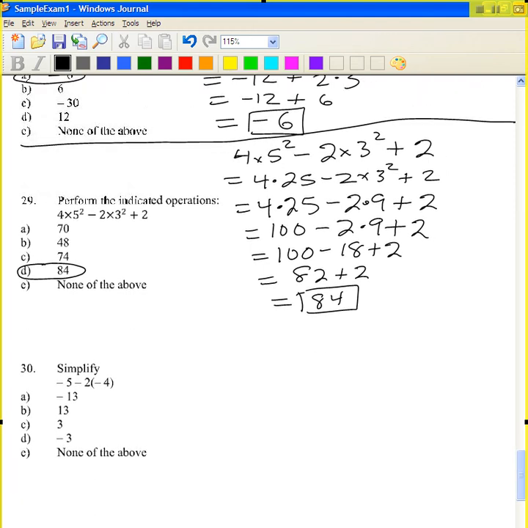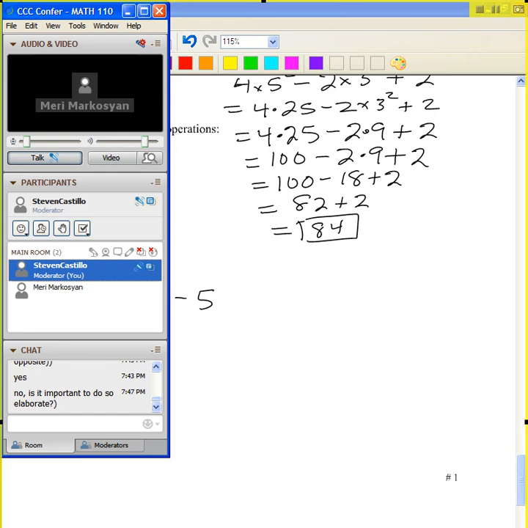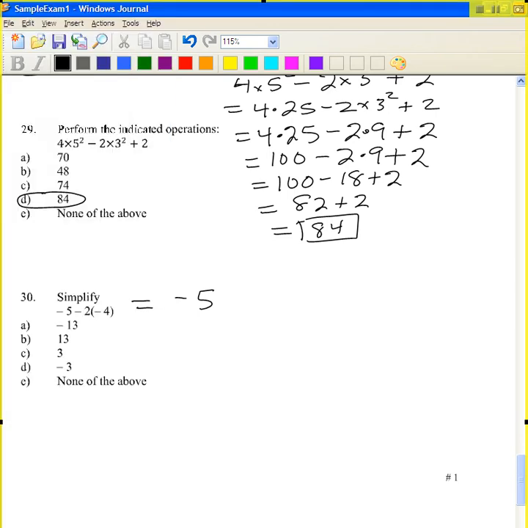Let me do problem number 30. Simplify. Negative 5 minus 2 times negative 4. So I have a negative, a subtraction, and a multiplication. I do multiplication first. Negative 2 times negative 4 is a positive. Again, on the exam, as long as you get the correct answer, I don't care.